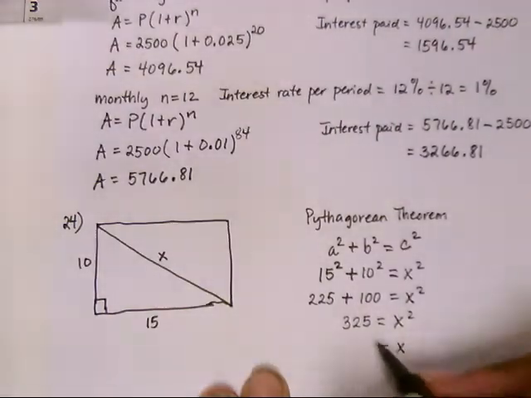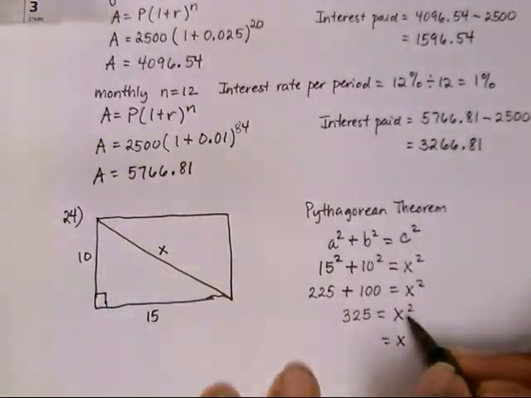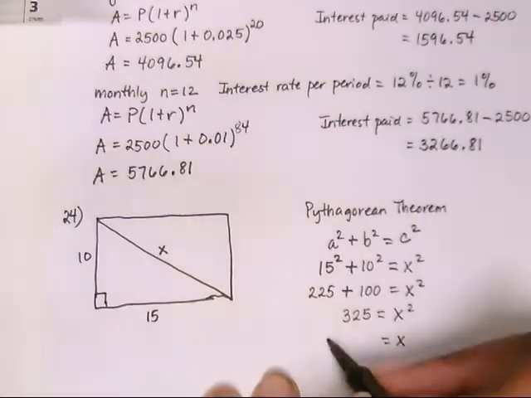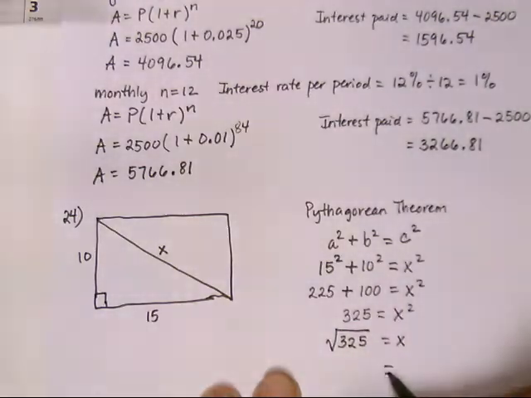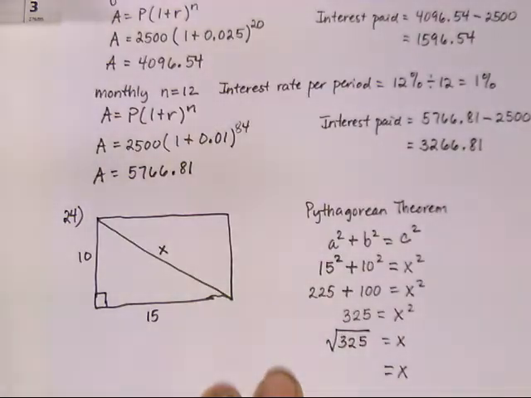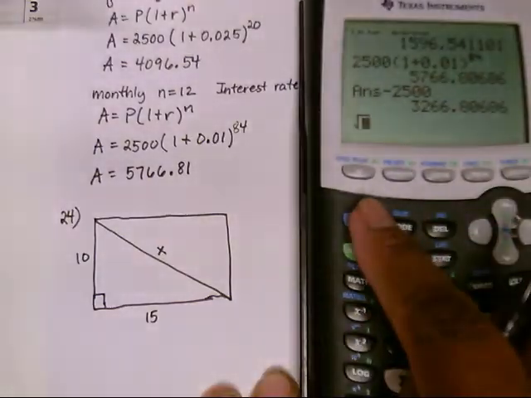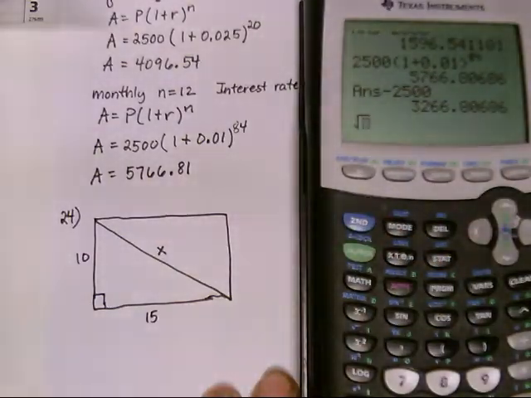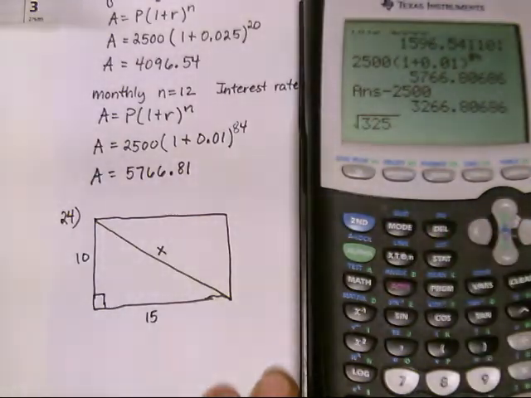And to find out what x is, since we have x squared, we're squaring something, the opposite of squaring something will be to take the square root. So we need the square root of 325. So I'm going to do second and x squared, second x squared for the square root. And then type in 325 and then hit enter.